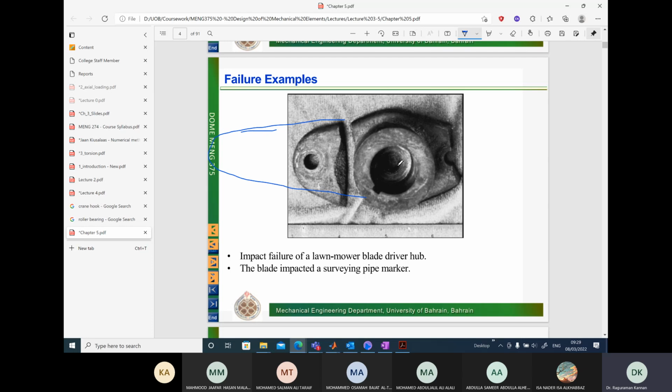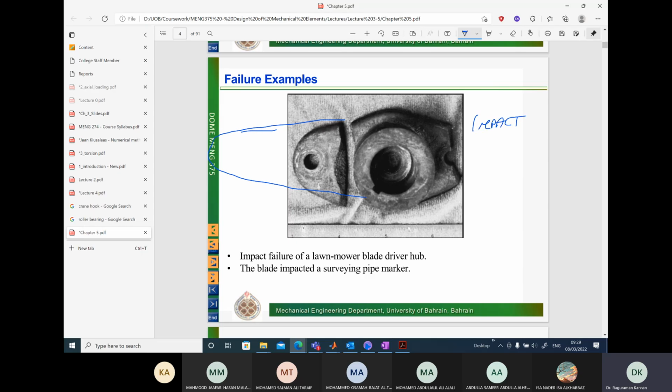What happened was, when somebody took the lawnmower around, a pipe was protruding from the ground, it hit the blades, and then you have the hub broken due to impact load. So this is an example of a failure where you cannot apply the static failure theory. This is due to impact loads.